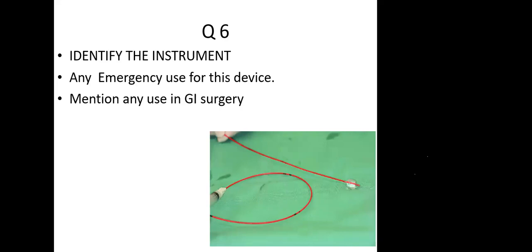Right. So there are three causes of acute limb ischemia: an acute embolism, an acute thrombosis, and an acute trauma. Which one will you consider for an embolectomy? Number one is an acute embolus.